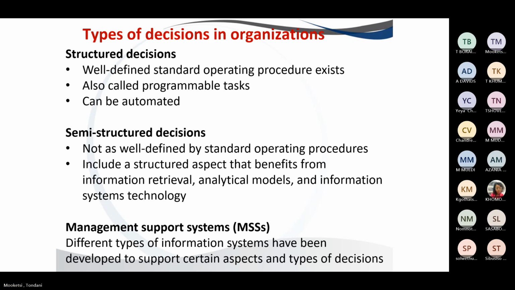So in our example that we usually talk about of a retail system, a decision that can be automated, for example, is reordering stock when the stock levels reach a certain threshold.